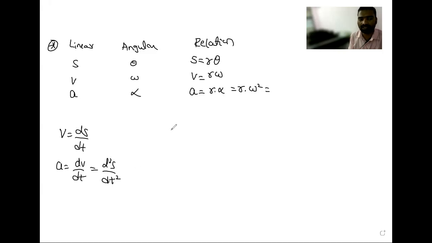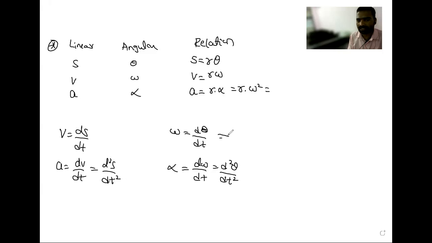Similarly, omega is equal to d theta by dt. Is it correct, all of you? Then alpha is equal to d omega divided by dt, which is d square theta by dt square. Correct?